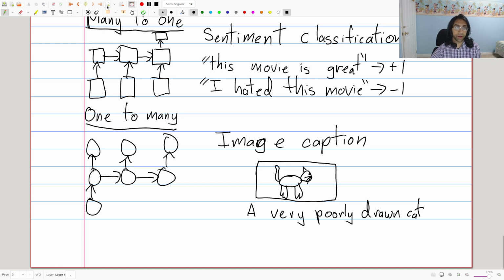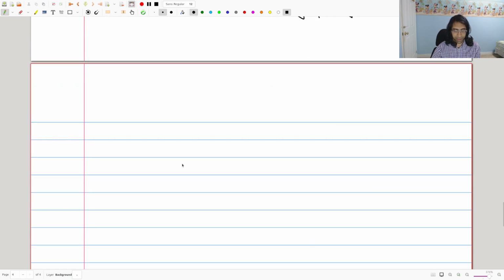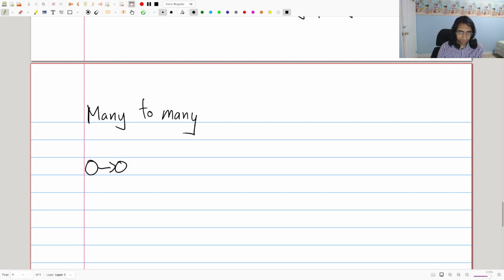In particular, we've talked about many to one, one to many, and a common, perhaps even the most common one, is many to many. For example, you already saw one of these when we talked about next character prediction or next word prediction. But let's talk about another example which has a slightly different setup.